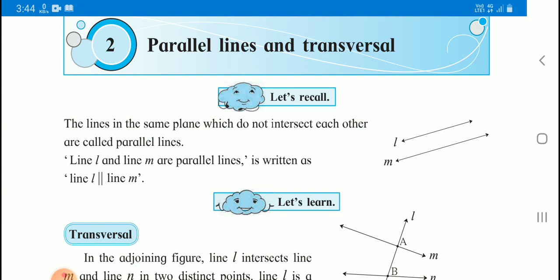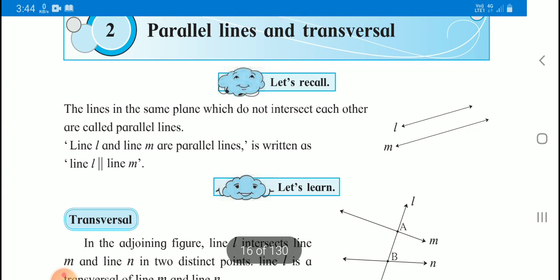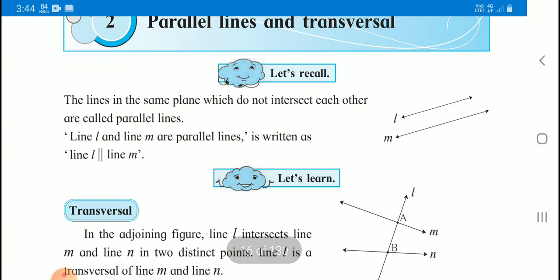Now here they have given the lines L and M. If you see line L and line M, they are in the same plane and they do not intersect each other. So they are called parallel lines. Here we are showing the parallel lines by the sign of two vertical lines.